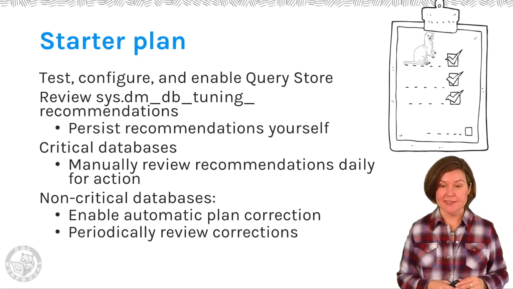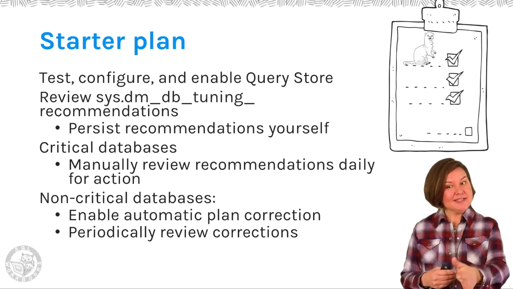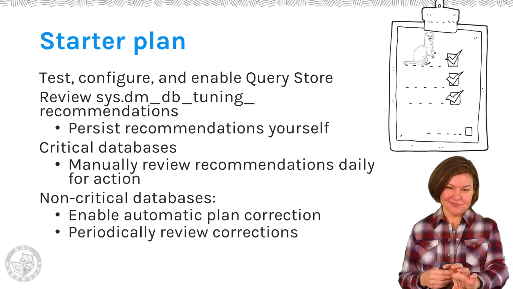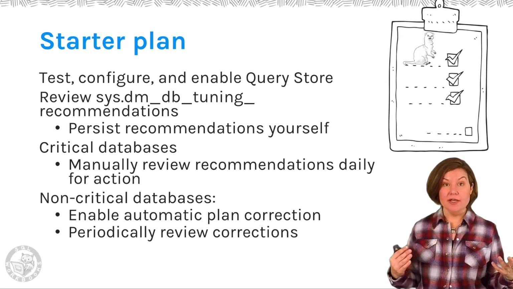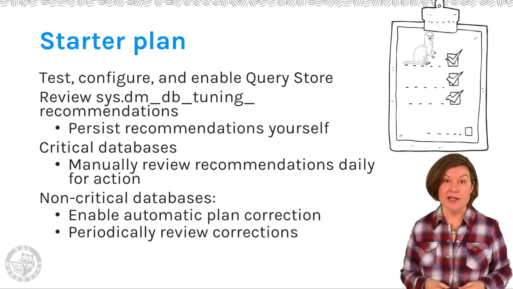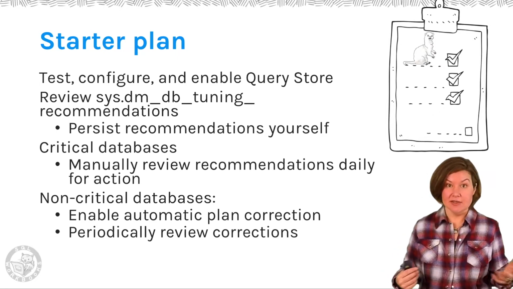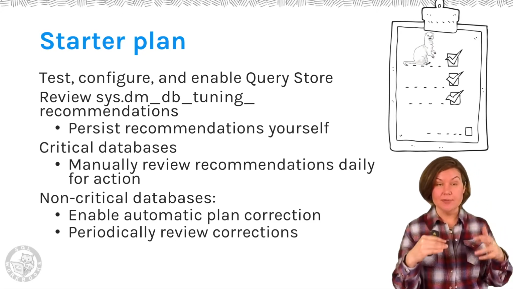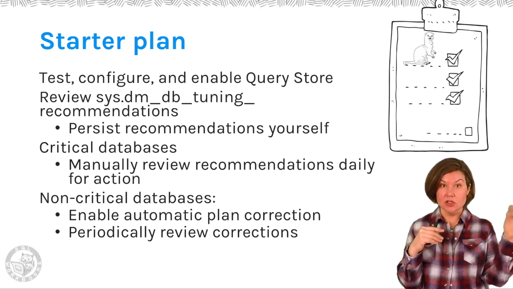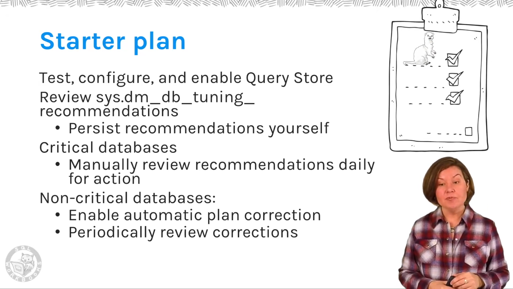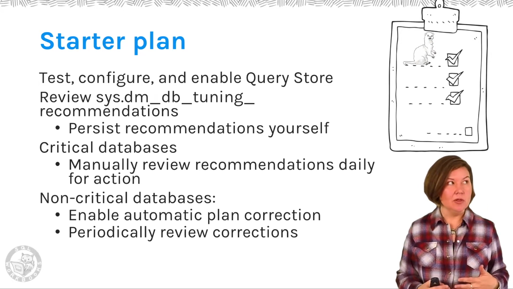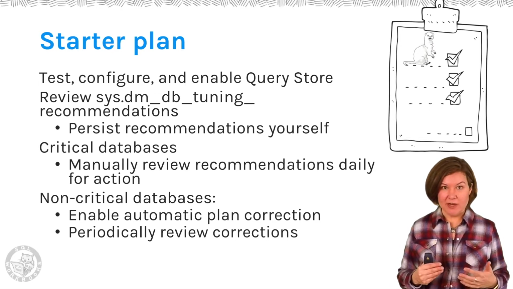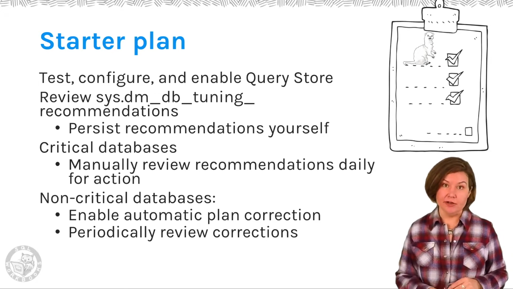It is per database. And then the rest of this is if you have Enterprise Edition. If you have Enterprise Edition, I would just start looking at those tuning recommendations, right? Just like without enabling auto-tuning. With Enterprise Edition, it'll start showing up those recommendations. Just start looking at them and looking at the queries yourself. For critical databases where people are not going to like big fluctuations in performance, I wouldn't just turn on auto-tuning.